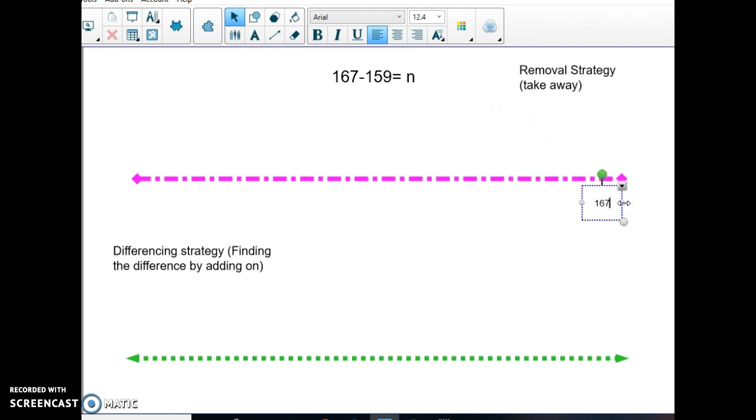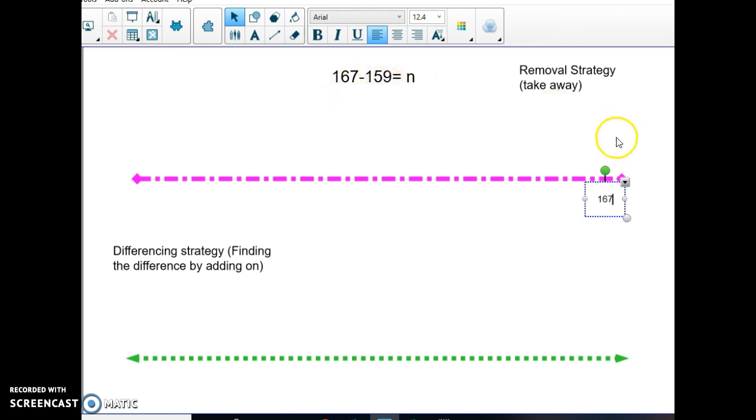Now, the reason why I'm not putting 167 over to the other side is because I'm removing, I'm subtracting, so I'm going backwards. So I have 167, and I have to remove or subtract 159.